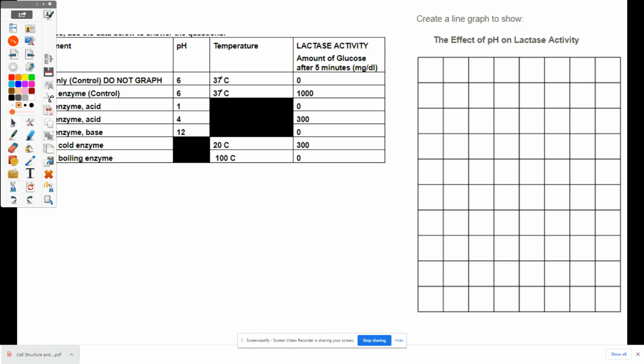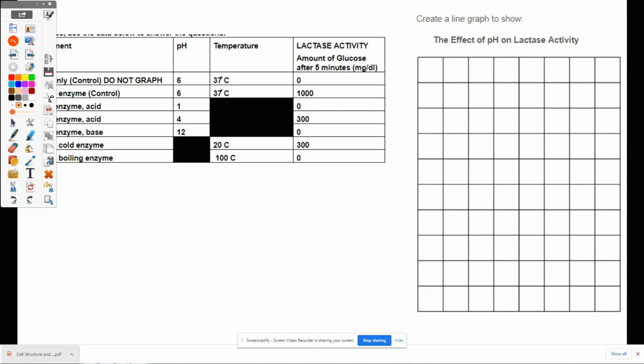Part 3 in this activity gave us data on lactase activity in different environments, and we're going to look at how those changes in environments affected how well lactase worked on lactose to produce glucose. First off, the data was kind of confusing for a lot of you, so let's look at it.